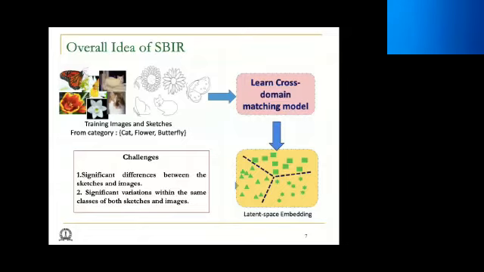So if during testing, my input is classified as a flower, then I can just retrieve all the images of flowers. Why do I at all need to do this cross-modal matching? And that's a very relevant question. So though this research started with the training and test classes being the same, now the research has totally shifted to zero-shot sketch-based image retrieval.